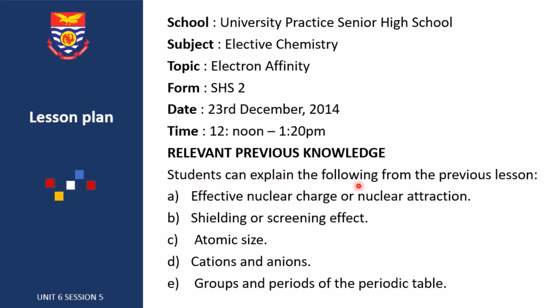Students can explain the following from the previous lesson: effective nuclear charge or nuclear attraction, shielding or screening effect, atomic size, cations and anions, and then groups and periods of the periodic table. It means we are going to review these things, and we hope that they will help the students better understand electron affinity.